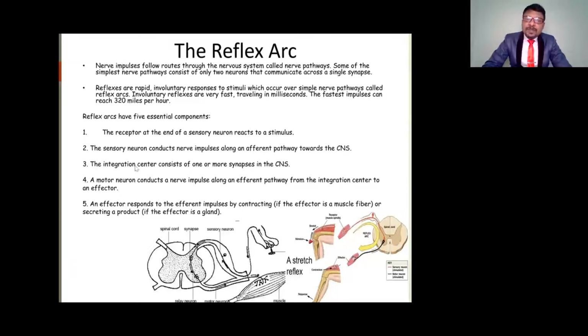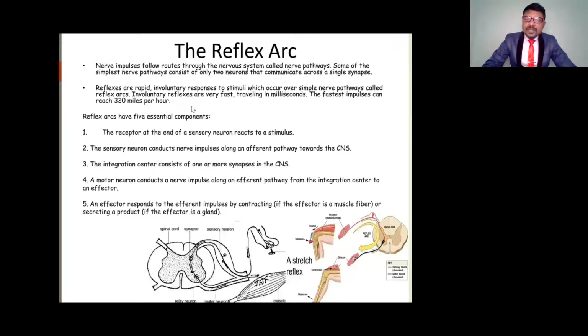Some of the simplest nerve pathways consist of only two neurons that communicate across a single synapse. Only two neurons are involved, the motor neuron and the sensory neuron. As we just discussed, if only two neurons are involved, it is called monosynaptic. If three neurons are involved, more than two, sensory neuron, interneuron as well as motor neuron, reaching the effector organ through these three neurons, it is called polysynaptic.